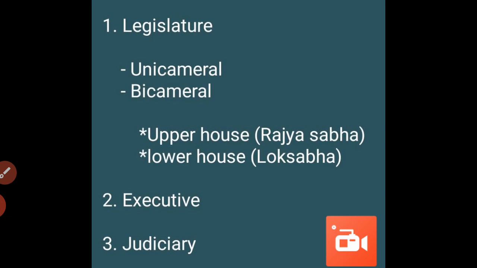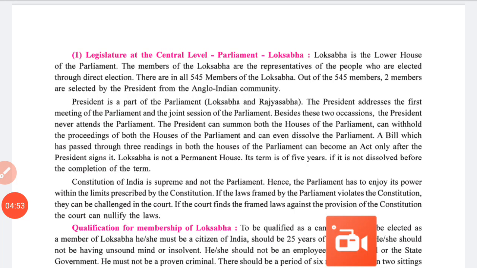Now we are moving on to the topic Lok Sabha in detail. Legislature at the central level, Parliament, Lok Sabha. Lok Sabha is the lower house of the Parliament.